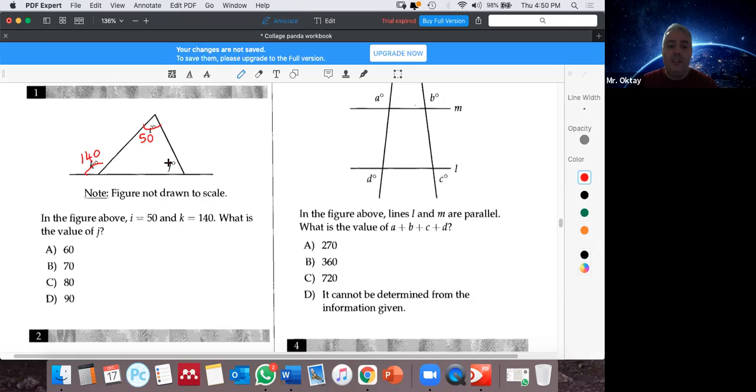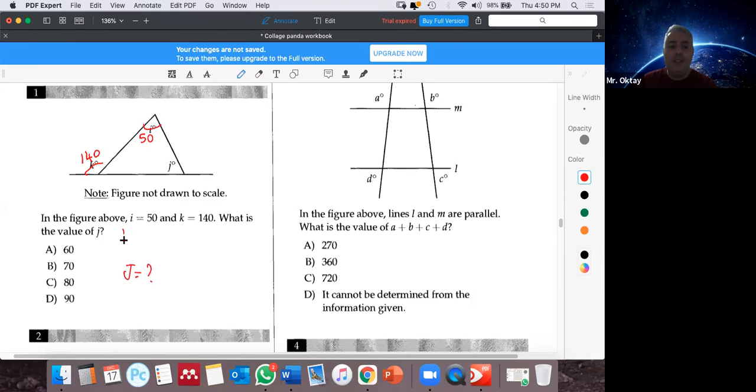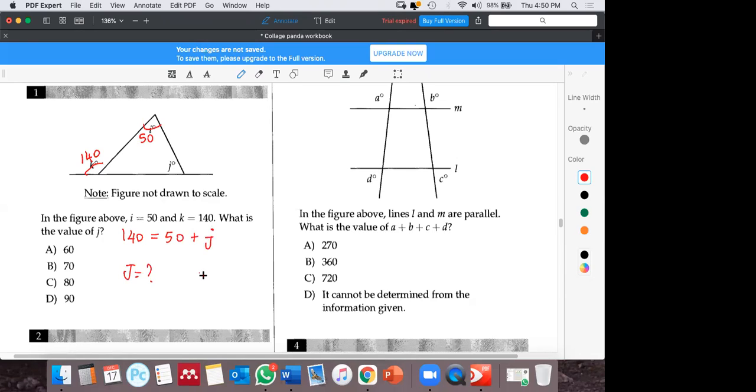So question, what is J? Yes, how can we do? Again the same thing, exterior angle. Yes, so simple. 140 equals 50 plus J. So what will be? It will be 90, because you put 50 to the other side. J equals 90. Excellent. You see, we solved it.